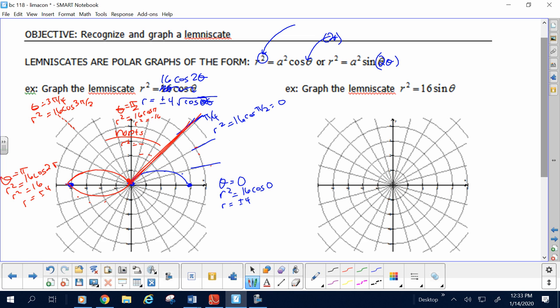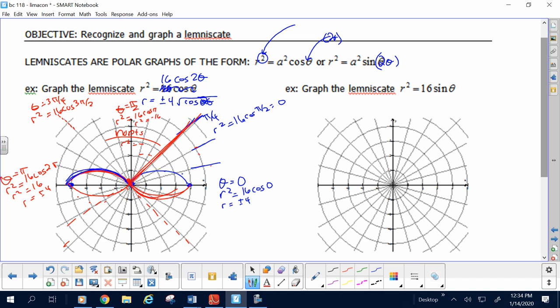Now, same goes here. Just like this was giving you positives, you could also have had R's that were negative, so you could have been backing up. So you also get this back here. And you'll see that you don't get any points in there.